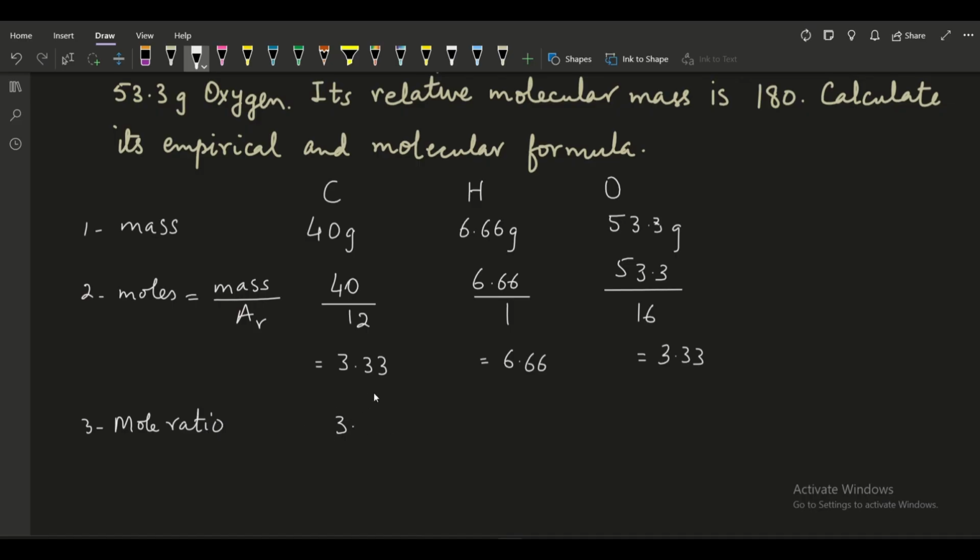Check the smallest number of moles, and divide all of these by that smallest number. 3.33, 6.66, 3.33: you will divide them by 3.33, which is the smallest number, to get the simplest ratio.